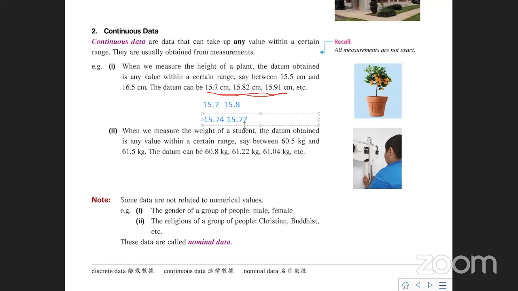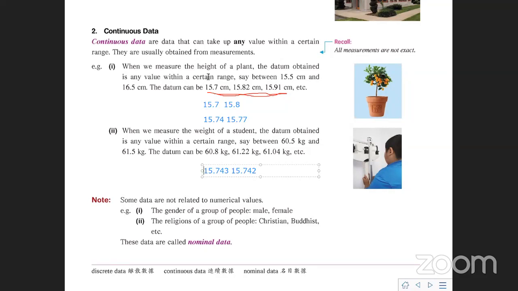And if I can measure even more accurately, then I may have 15.743, 15.742, something like that. Therefore it means I can find any value actually.